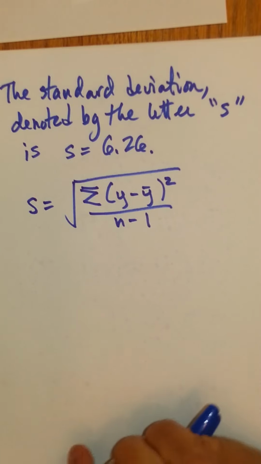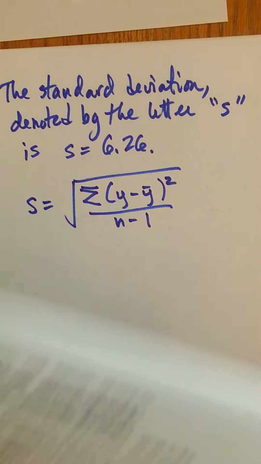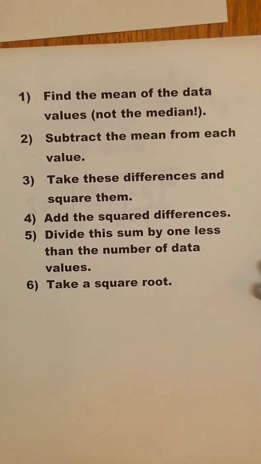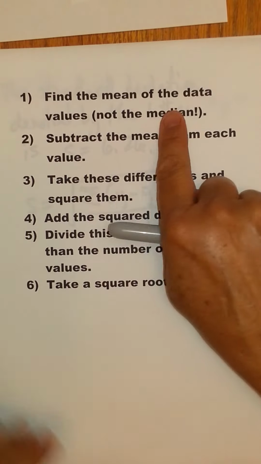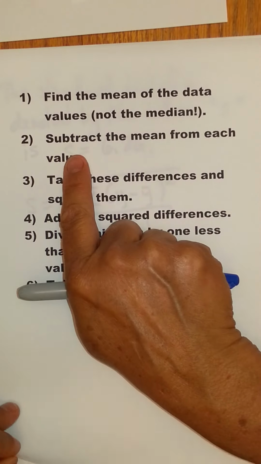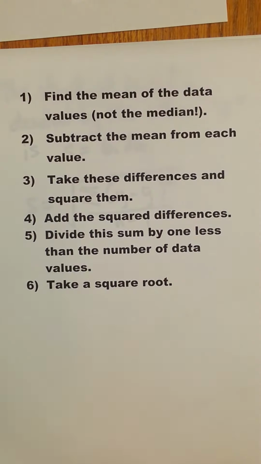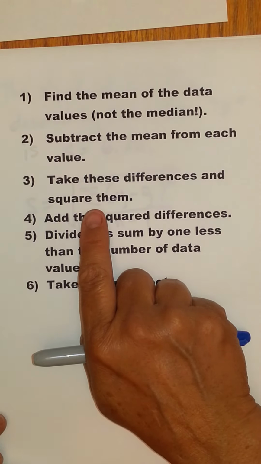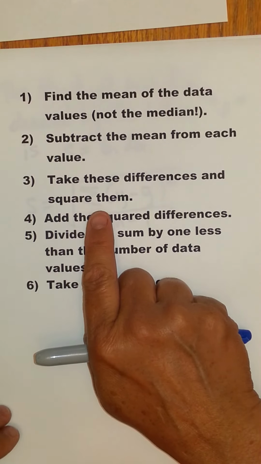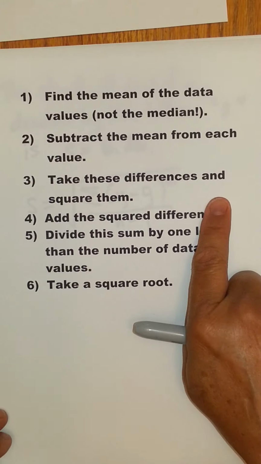What we did is, let me put this process over here. If you want to pause the video, you could write these down. We found the mean, then we subtracted the mean from each value. That was to find out how far each value is from the mean. Then when we went to go take an average, we saw that things canceled out, so we squared the differences.